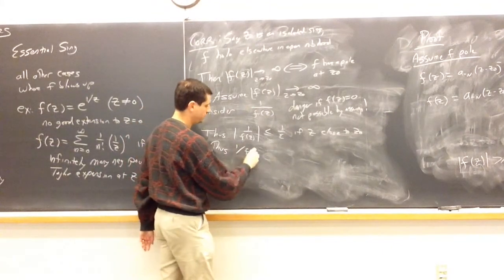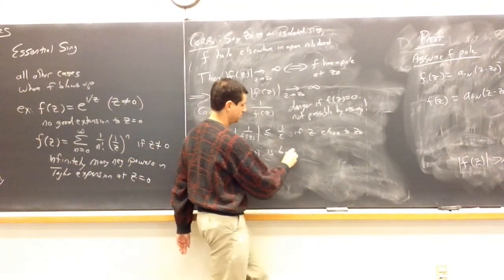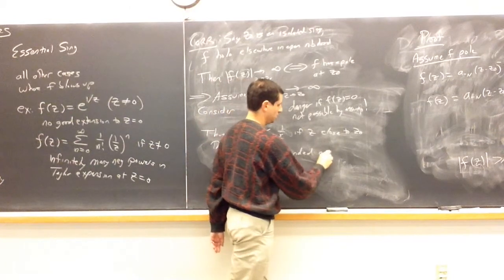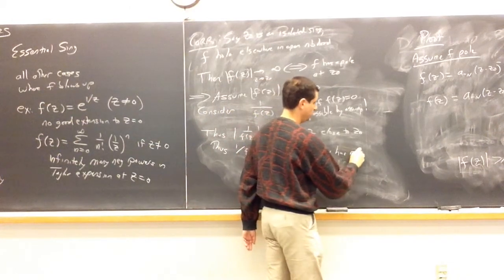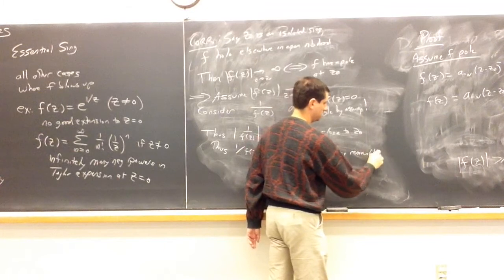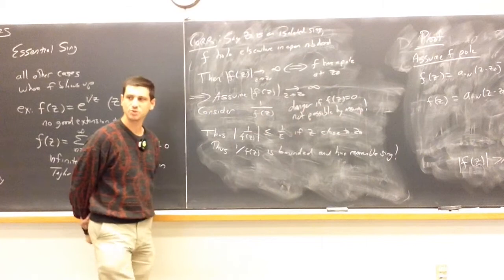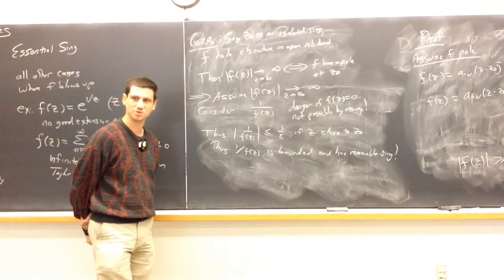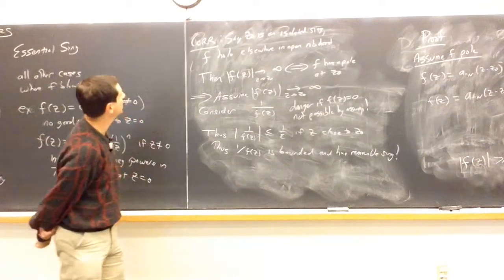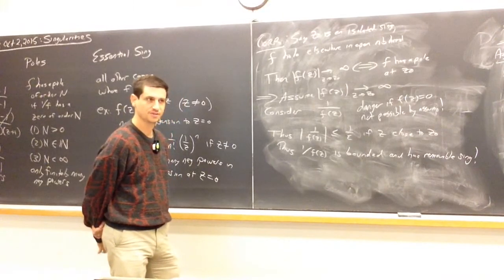Thus, 1 over f of z is bounded and has a removable singularity. Right, there's probably a reason we spent all that time proving Riemann's theorem on removable singularities. We can now use that to remove the singularity.